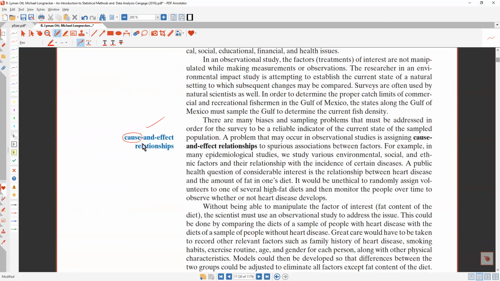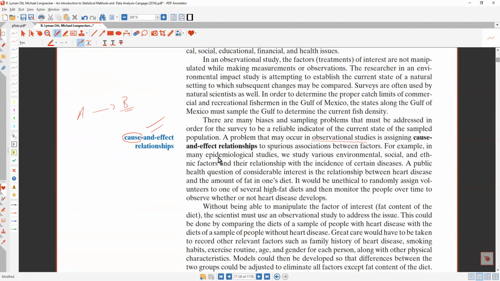What does it really mean to say that A causes B? It sounds like it's a simple question, but it actually gets really, really complicated. If you're doing experiments, then you have a better shot at concluding something close to a cause and effect relationship than if you're doing purely observational studies, right?